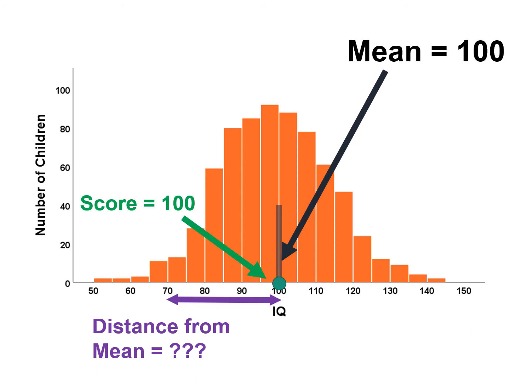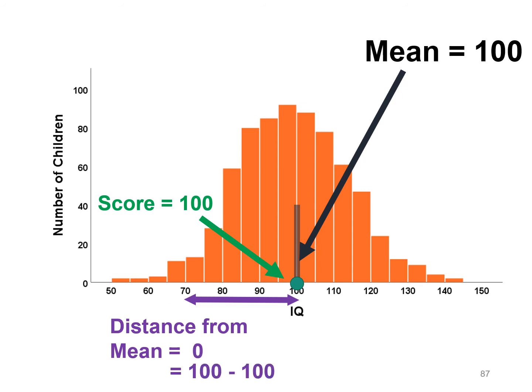Here's a child whose IQ is 100. What is their distance from the mean? This child's distance from the mean is 0. That is, if we subtract 100 from 100, we get 0. There is 0 distance between this child's score and the mean. This is the exception that I've been mentioning. If a score is equal to the mean, then the distance from the mean is 0.